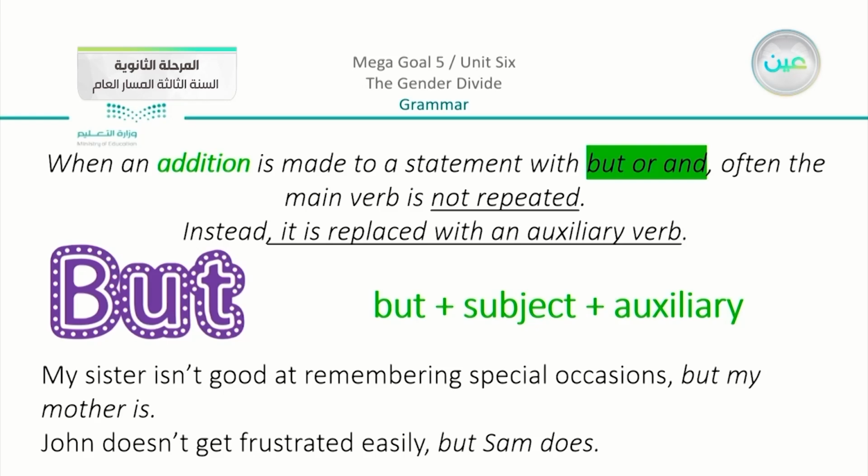Instead, it is replaced with an auxiliary verb. So we can say, my sister isn't good at remembering special occasions, but my mother is. You can see that we have used the auxiliary verb, or the helping verb, is after but. John doesn't get frustrated easily, but Sam does. Also, we have here does in the sentence.